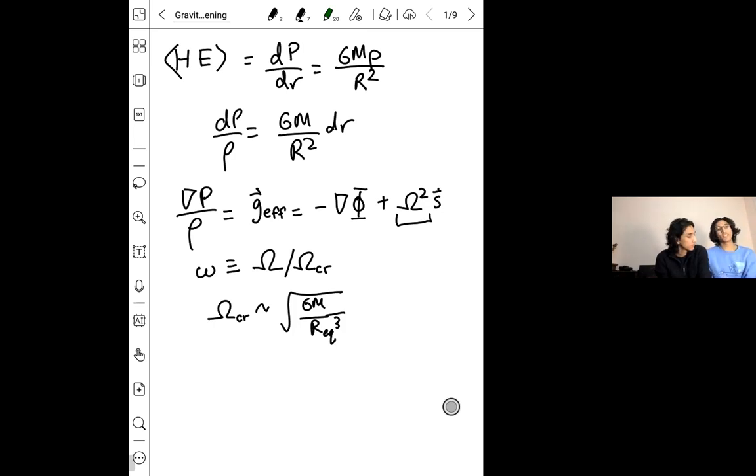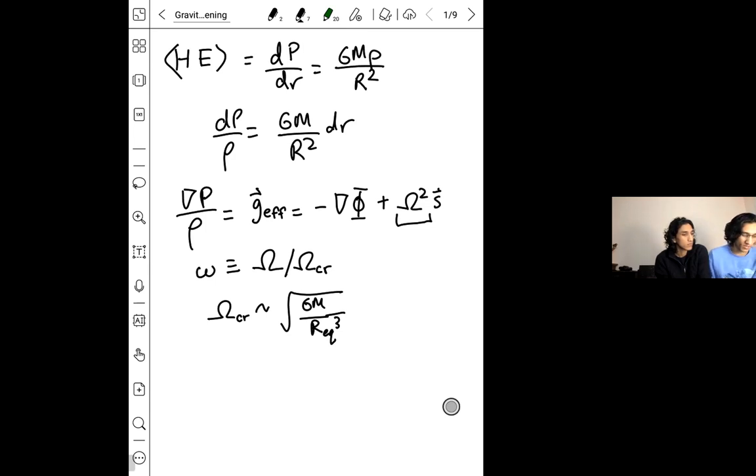But suffice it to say that it's proportional to the square root of GM over R cubed. And so if we write this value omega in terms of the critical rotation rate, we now have a really nice 0 to 1 value where 0 is the star is not rotating at all, and 1 is the star is rotating at its breakup velocity, right?